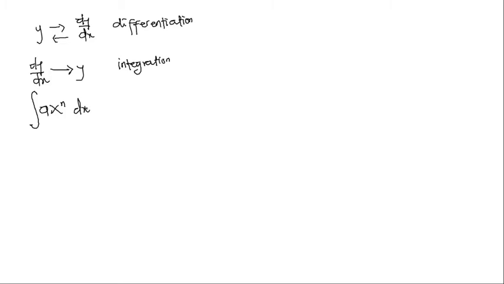This sign means the integral of, and dx means with respect to x. So we are integrating what we have over here with respect to x. This is our integral sign, and the function over here becomes what we call the integrand.